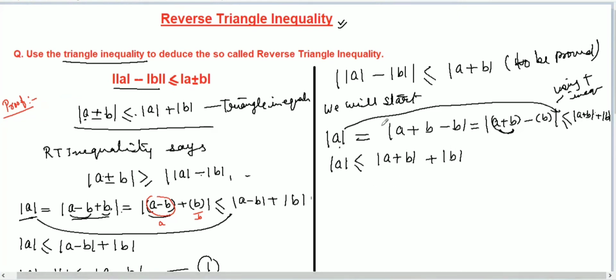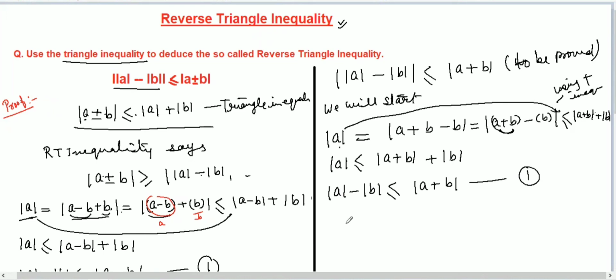Bring this plus B over to this side. So absolute value of A minus absolute value of B will be less than or equal to absolute value of A plus B. We name it here 1.